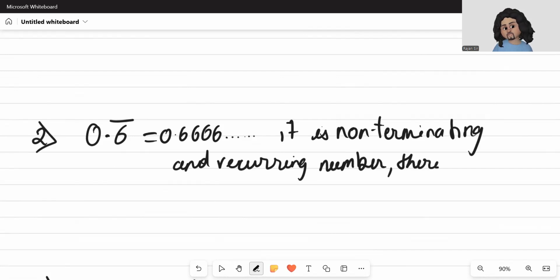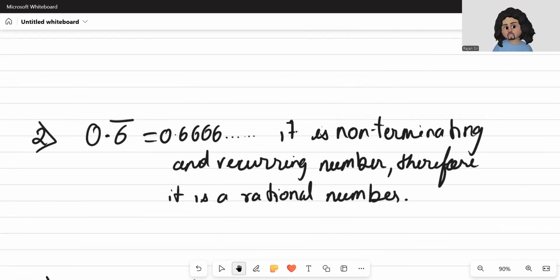Therefore, it is a rational number. Okay, makes sense? You can write by definition it is a rational number.